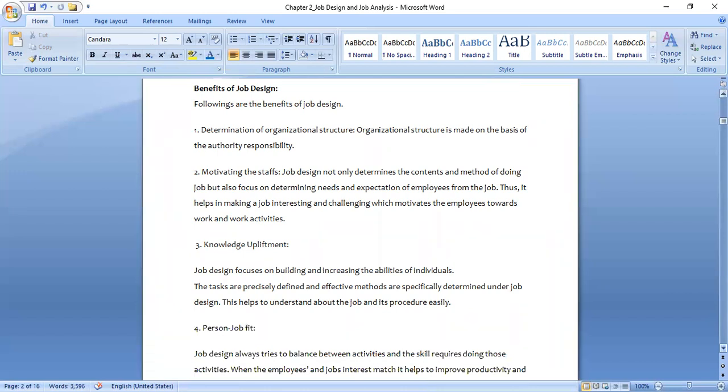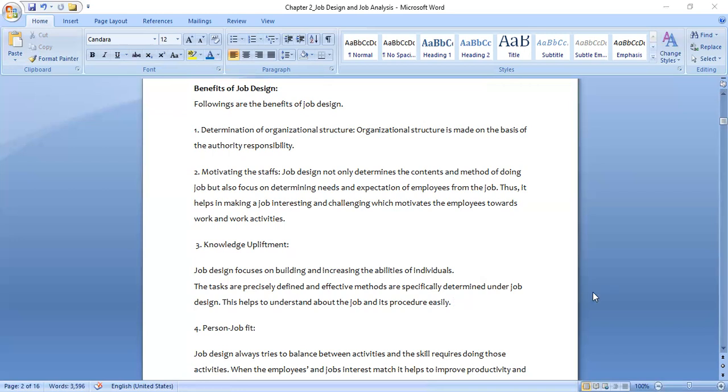And then job design helps to motivate staff. How does it help to motivate staff? If they know what is entailed in their job, and how they are going to do this work, then it will motivate them to do their work in a better way.